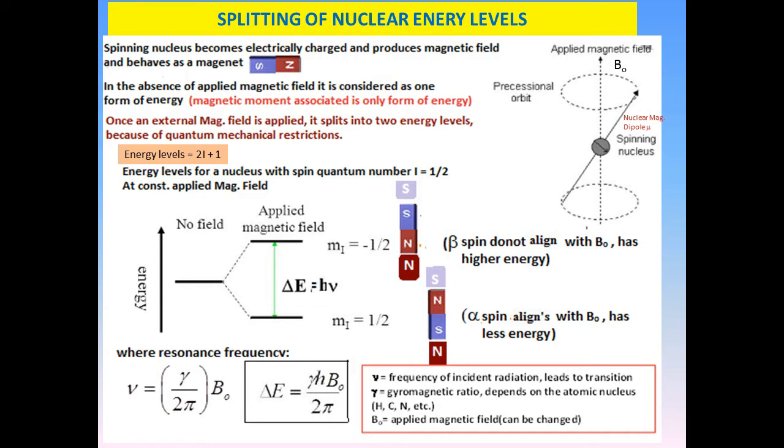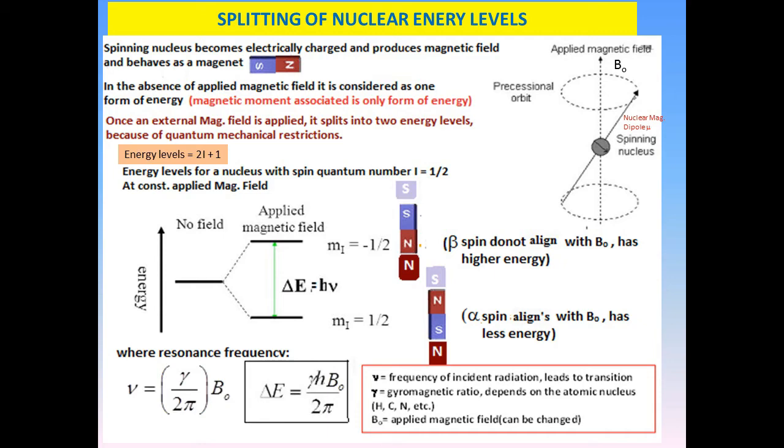The alpha spin aligns with the applied magnetic field and has less energy, that is the lower energy state, and the beta spin, which does not align with the applied magnetic field, has the higher energy state. The energy difference between these two spin states is given by delta E equal to h nu, and nu is the frequency of the incident radiation, which leads to the transition.